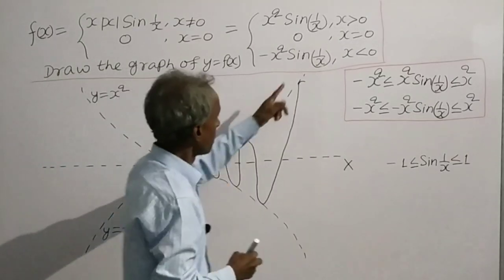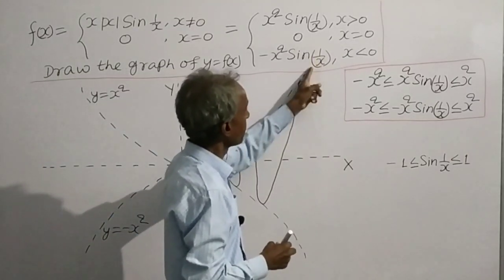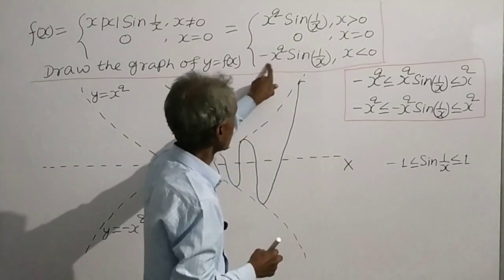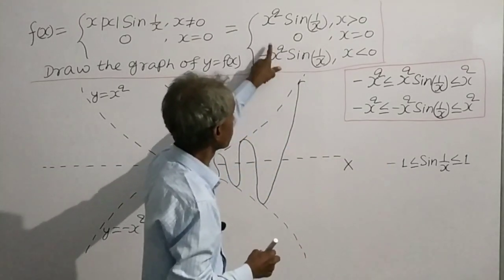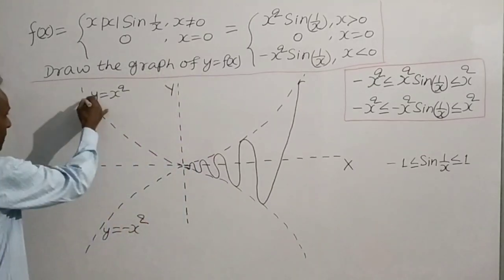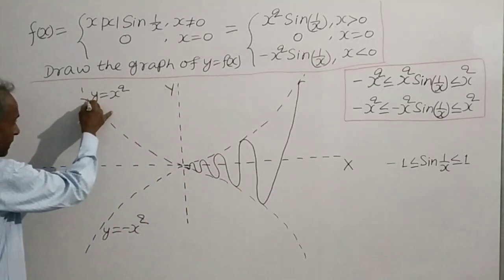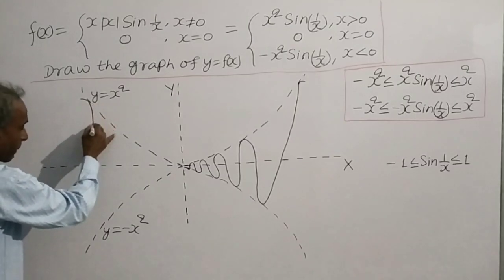Similarly, when the value of sin 1 by x is minus 1, then the value of this is plus x square. Therefore, the graph of y is equal to f(x) will touch this parabola.